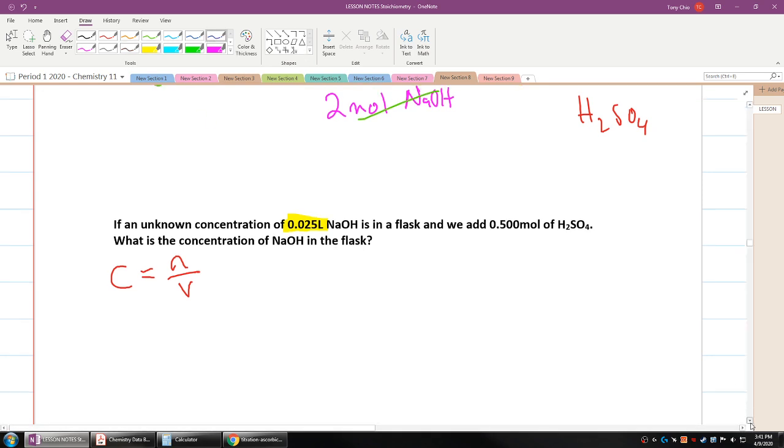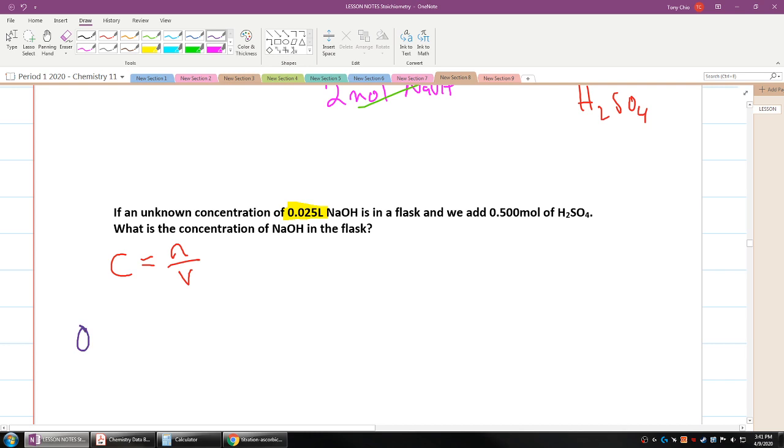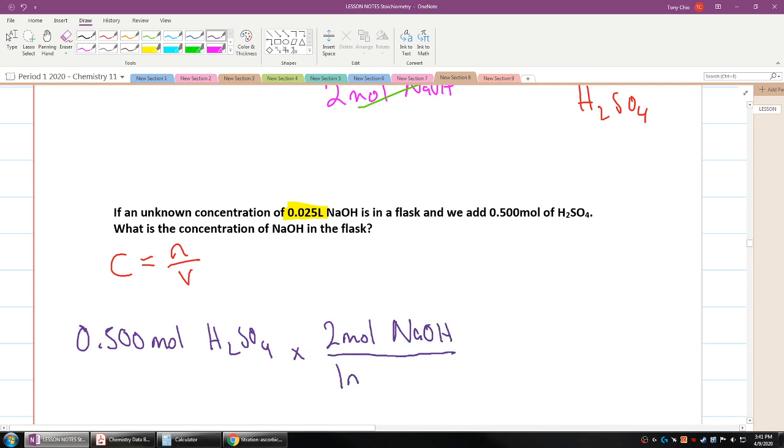So we could solve for the moles by solving 0.500 moles of H2SO4, cross the mole bridge to get to NaOH, which is 2 moles of NaOH over 1 mole of H2SO4. And thus we could solve that our moles of NaOH is 1.00 moles of NaOH.